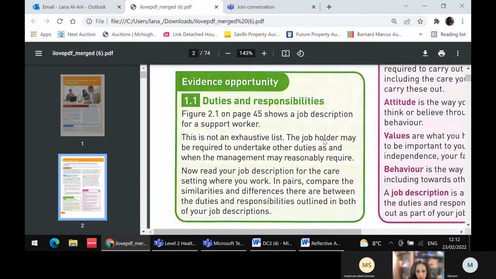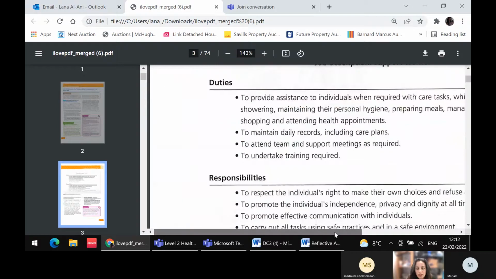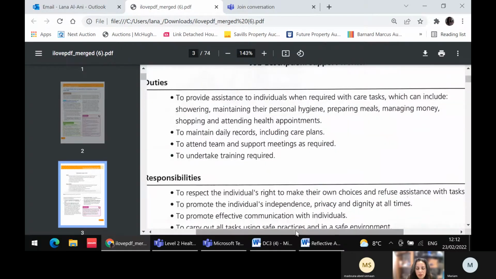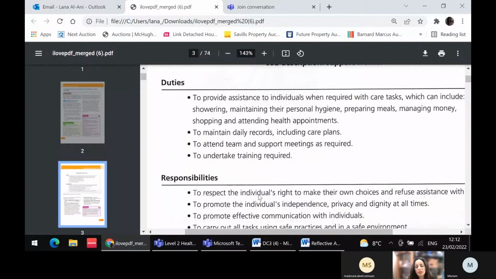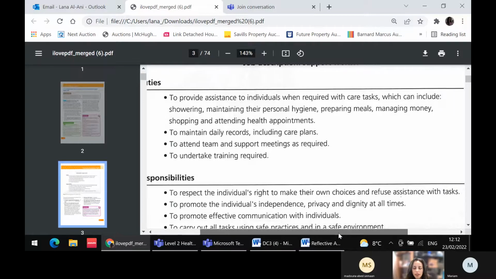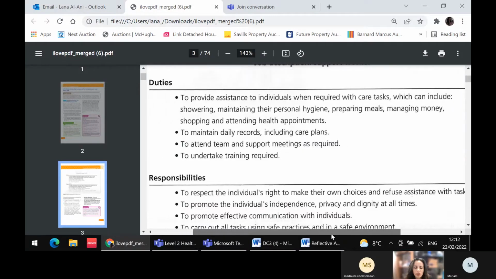So if I go here, my duties, this is better because this is smaller, so you can talk about yourself. Say my duties as a care assistant. My duties in the care home are to provide assistance to individuals when required with their care tasks, and what I do there is showering them, maintaining their personal hygiene.